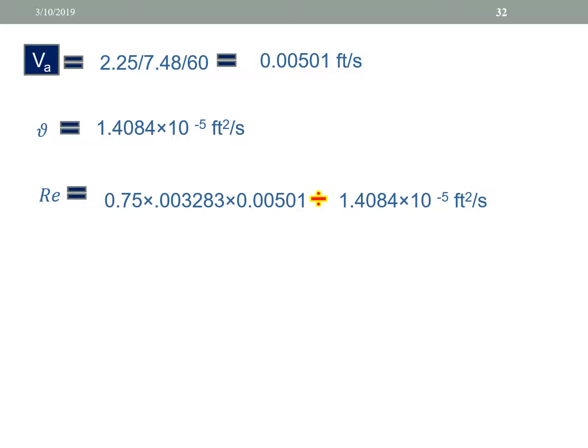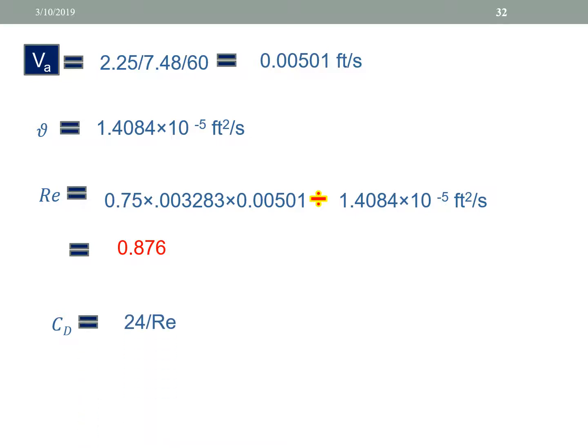You'll see that this is the average diameter of the first sieve, and then 0.0051 we calculated in row 1, as you see here, in feet per second, divided by nu. If you calculate, it will be 0.876. That is the number. And what is the unit for this one? That is unitless, no unit for Reynolds number.